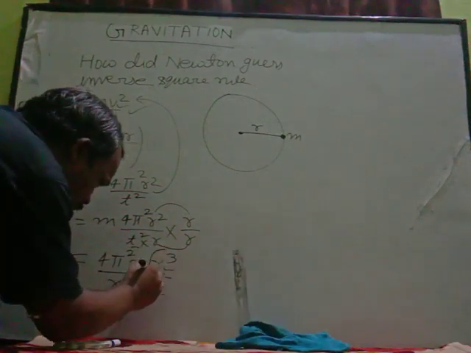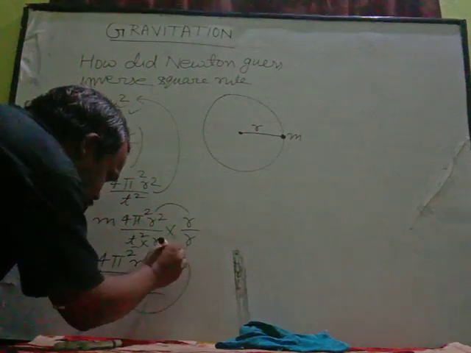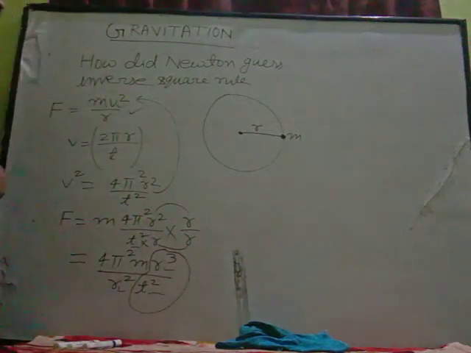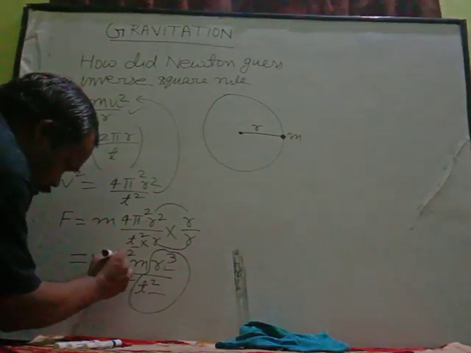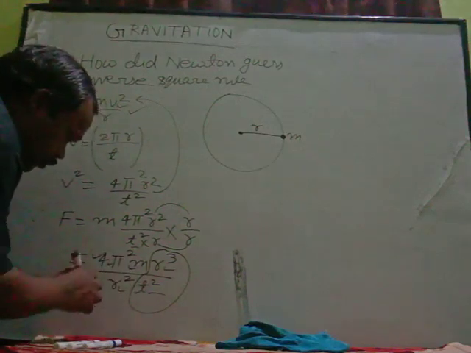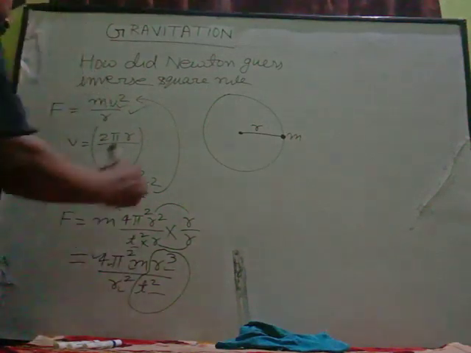According to Kepler's third law, r cube by T square is a constant. 4 is also a constant, pi square is also a constant, mass is also a constant. So all these terms are constant.